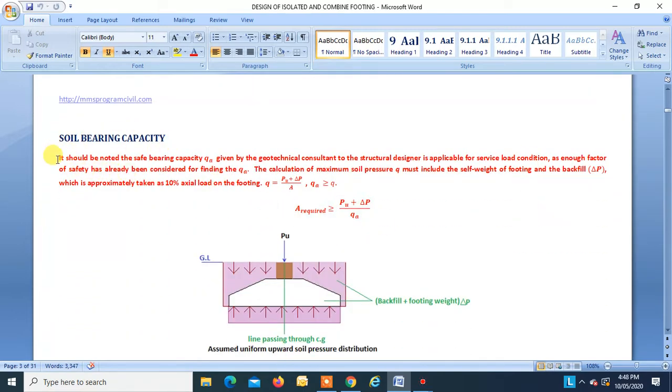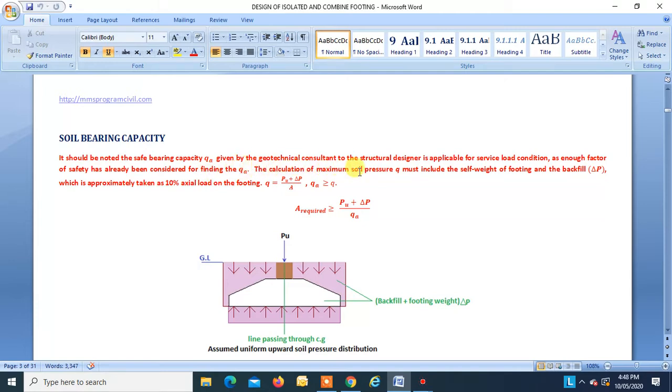Soil bearing capacity. It should be noted that the safe soil bearing capacity QA given by the geotechnical consultant to the structural engineer is applicable for service load conditions, as enough factor of safety has been considered in finding QA. Say a factor of safety of 3 is usually considered for finding QA.